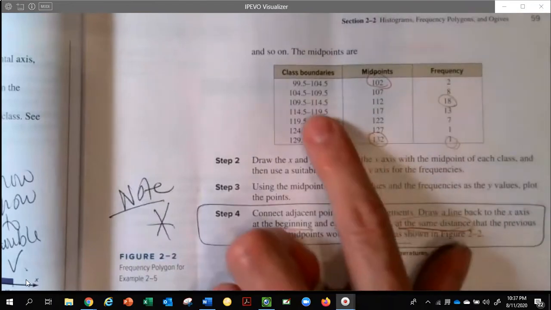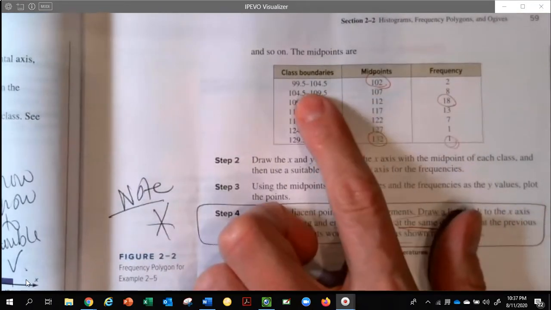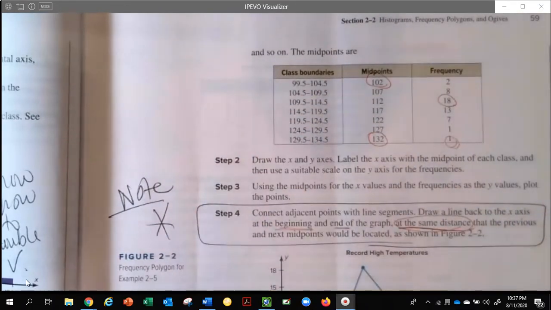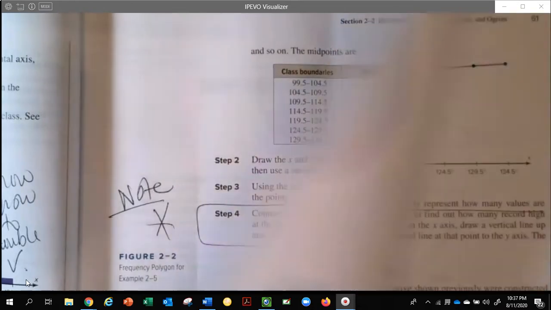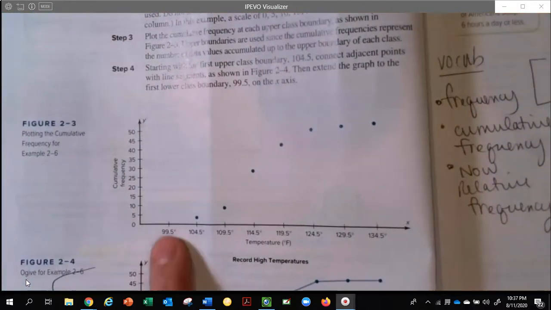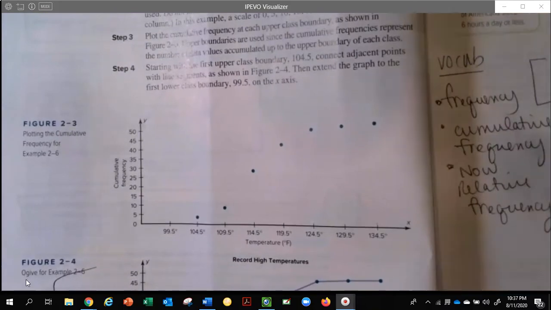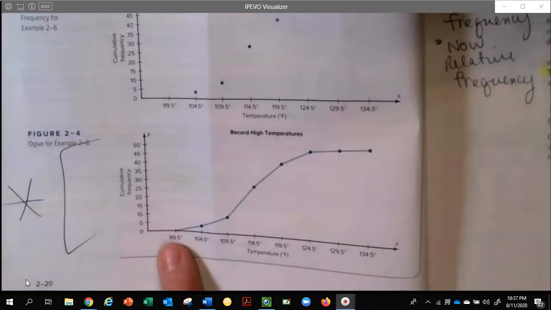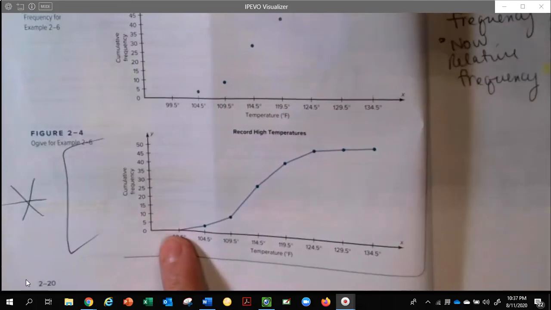Looking at our chart, how many are less than 99.5? Well, none of them. That's how we can start on the x-axis. So if none of them are less than 99.5, then on our graph at 99.5 we are at 0. You can't see that right now, but we will actually start there at the 0.